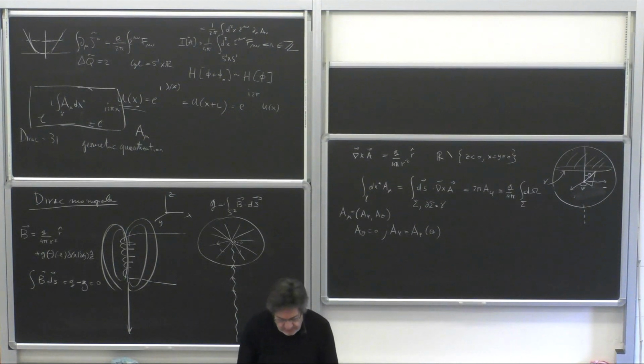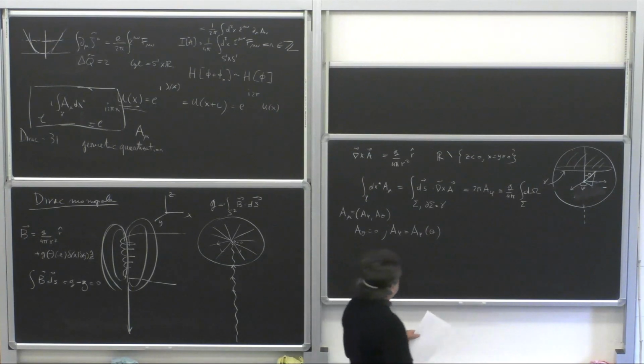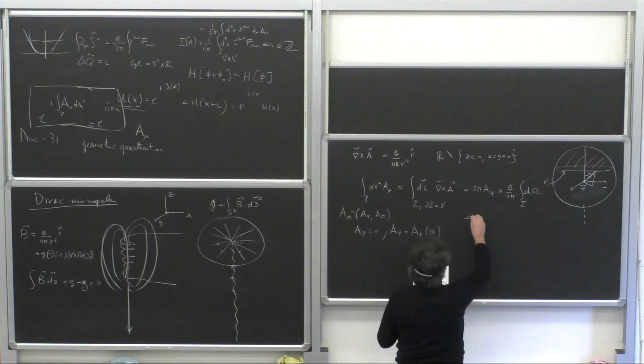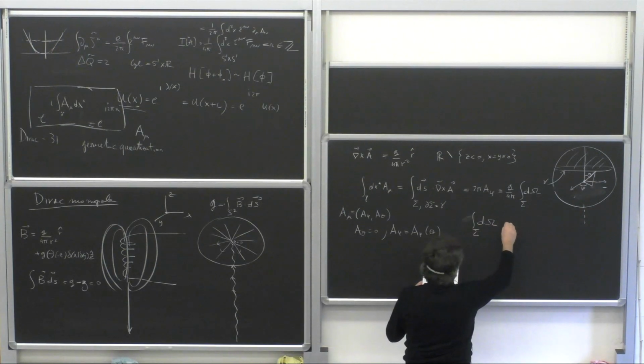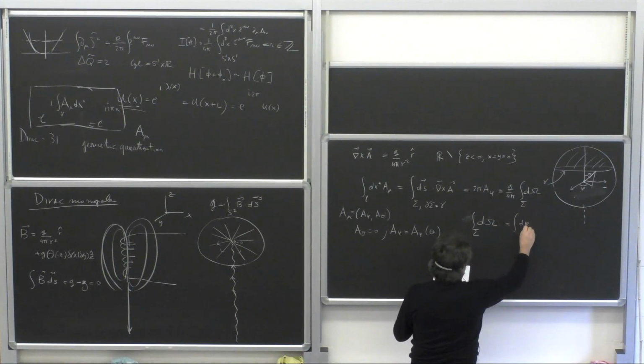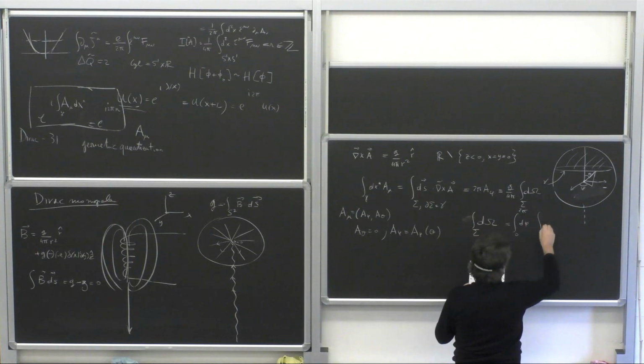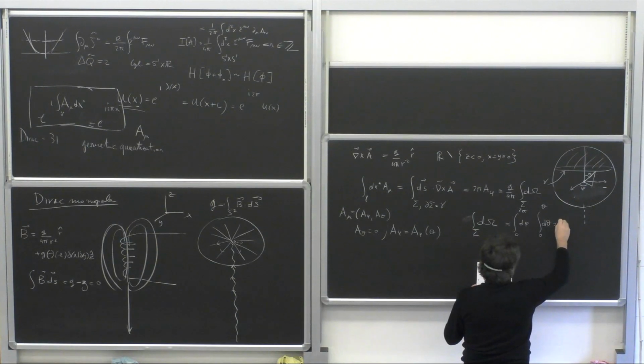So what is the solid angle? The solid angle over sigma is the integral of d phi between 0 and 2 pi, and the integral from 0 to theta of d theta sin theta.